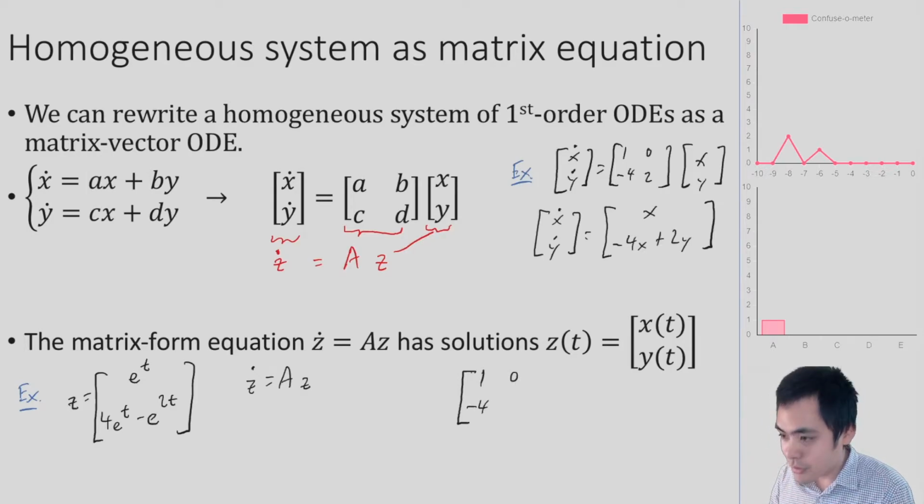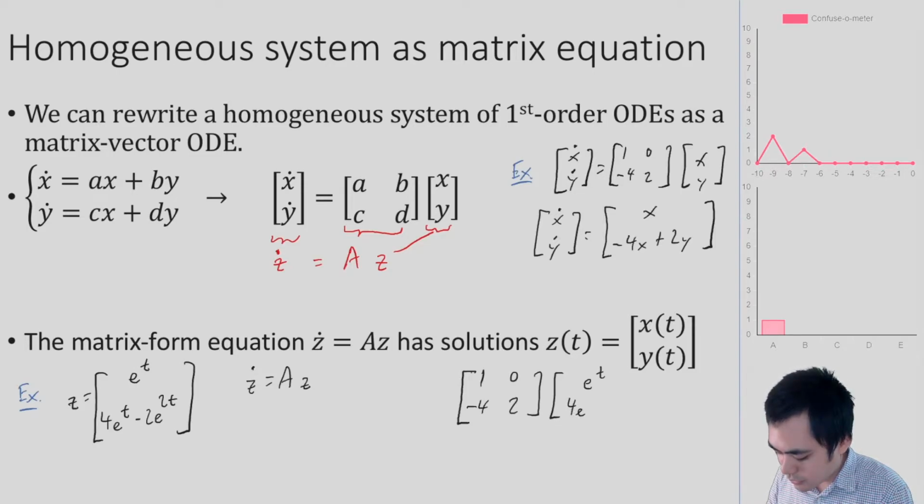So [1, 0; -4, 2], and we want to multiply this by (x, y), so that's e^t. Oh, sorry, that was my mistake. There needs to be a, say, minus 2e^(2t). So e^t, minus 4e^t minus 2e^(2t).